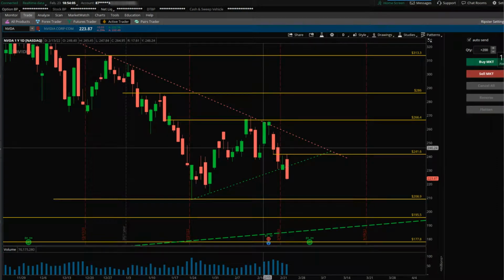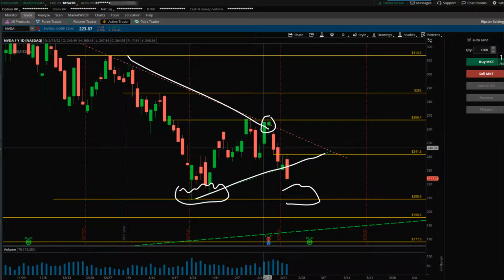This was the earnings jump right here. It got rejected from this downtrend line. Since then, lower highs, lower lows, no bullish bar, and eventually today it broke down below this mini uptrend line. So the next structure support is right here. We'll see what happens, but maybe we see something like that move.